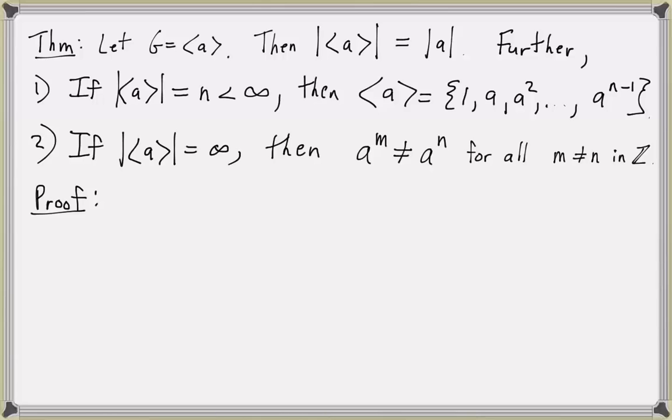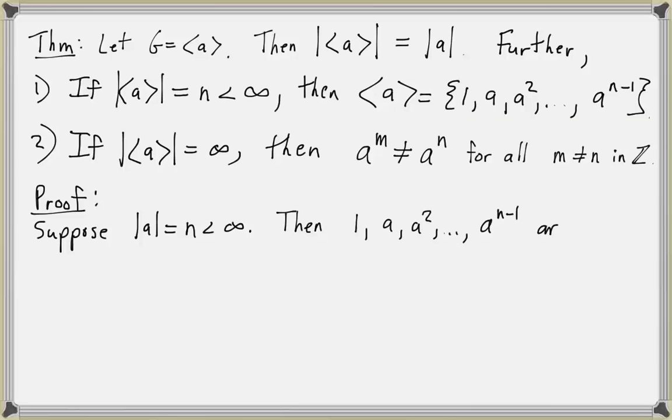Suppose a has finite order n. Then the elements 1, a, a squared, up to a to the n minus 1 are all distinct.